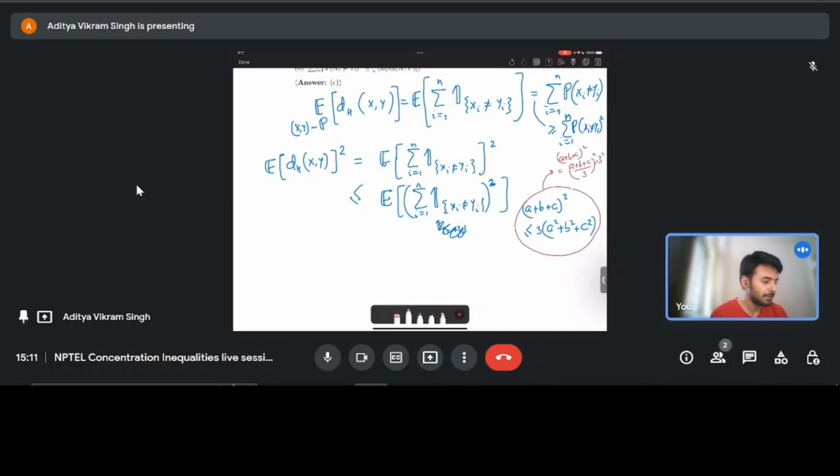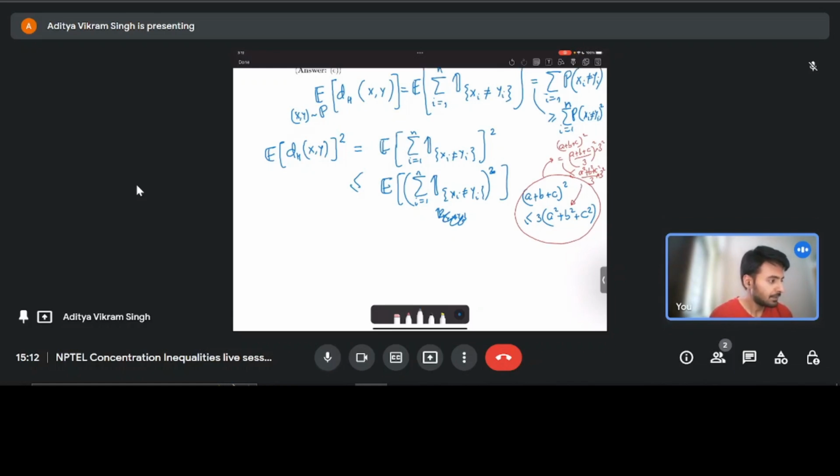We multiplied and divided by 3 squared. Now the thing inside is an expectation of a random variable which takes value a with probability 1/3, value b with probability 1/3, and value c with probability 1/3. This is just the average of a, b, c. If you apply Jensen's here, this is the square of the average, so Jensen says that this is less than or equal to the average of squares. So this is the average of squares, times 3 squared, which gives you this.